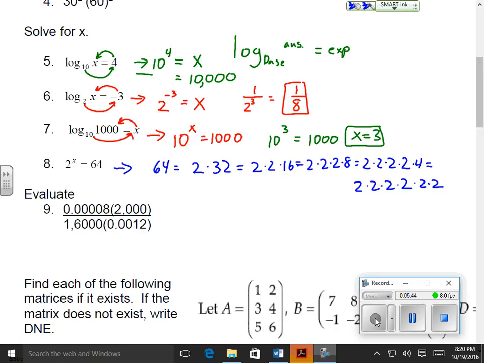So that means 1, 2, 3, 4, 5, 6, which is the same as 2 to the 6th power. So if 2 to the x is equal to 2 to the 6th, then x had to be 6 to make this true. 2 to the x is equal to 64, and 64 is equal to 2 to the 6th, then the x must be 6.